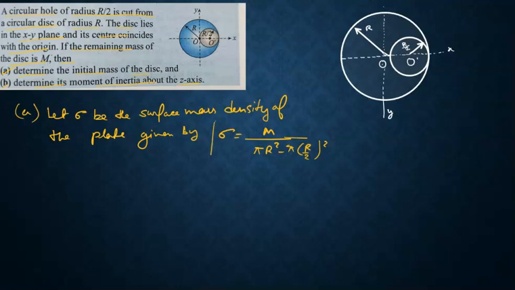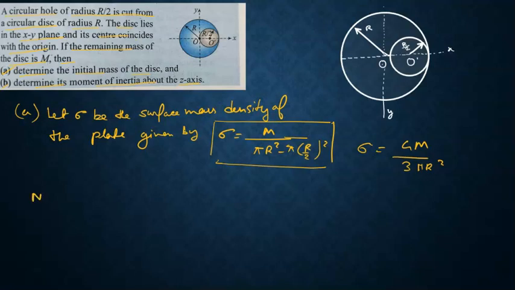So first we have to find the surface mass density, and that equals m by pi r square minus pi of r by 2 whole square, because the remaining area is the area of the bigger circle minus the area of the smaller circle. So sigma equals 4m by 3 pi r square.